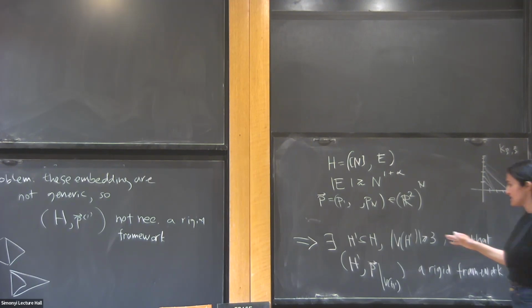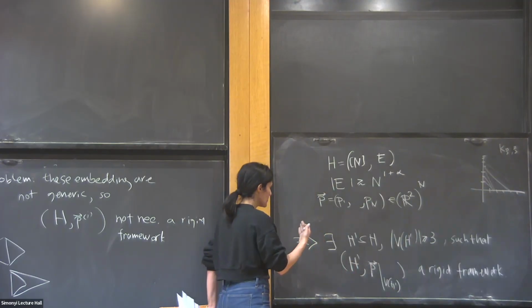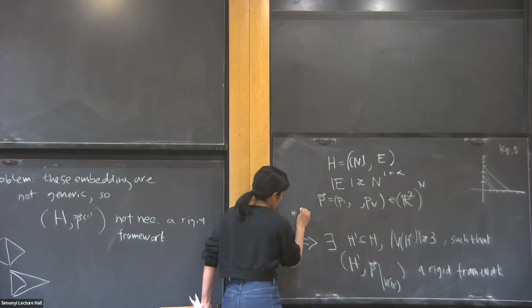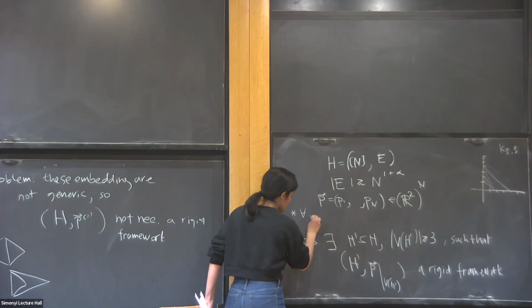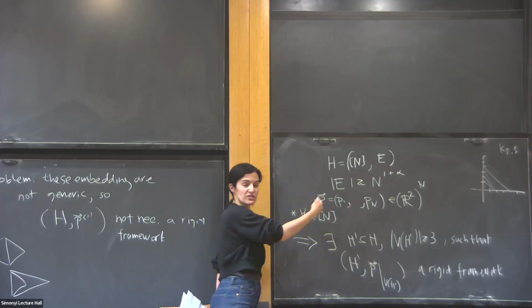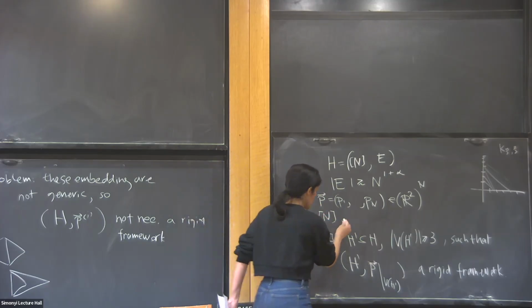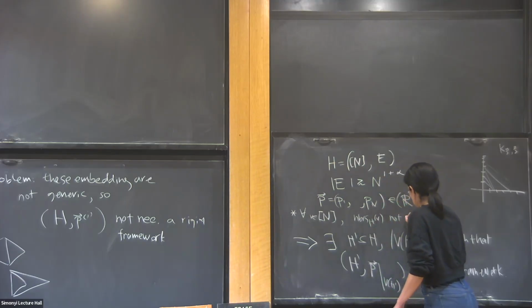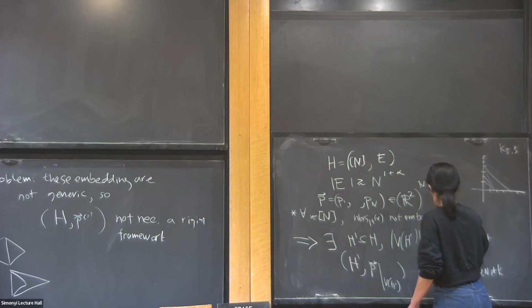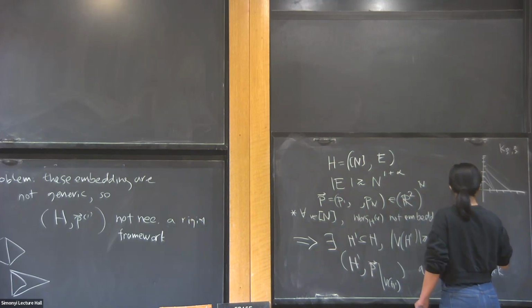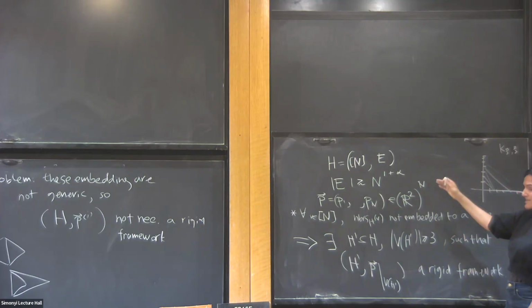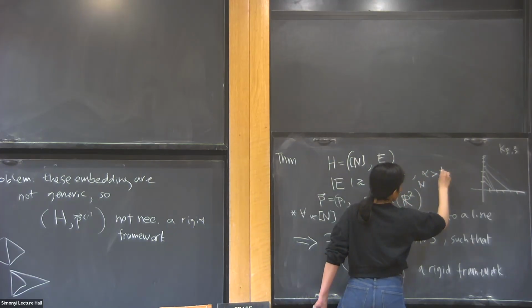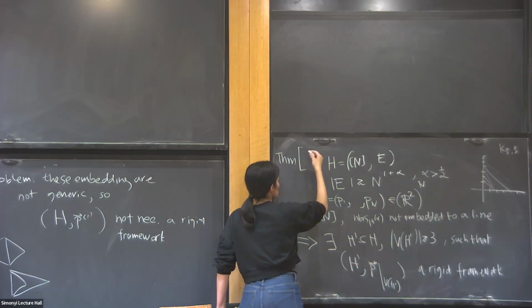But if we add some additional weak non-genericity assumption, we can assume that additionally for every vertex, the neighbors of this vertex are not embedded to a common line. If we add this assumption, then this is a theorem that we managed to prove, but for alpha at least 1/2. So this is with Shorimoshi.